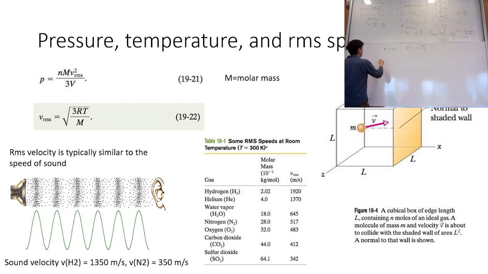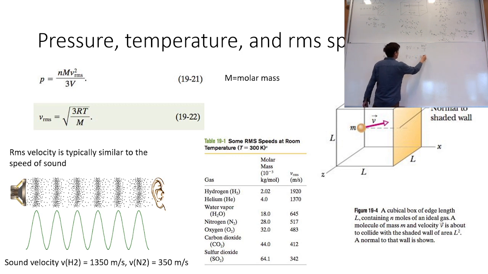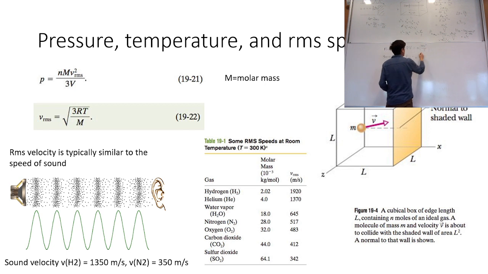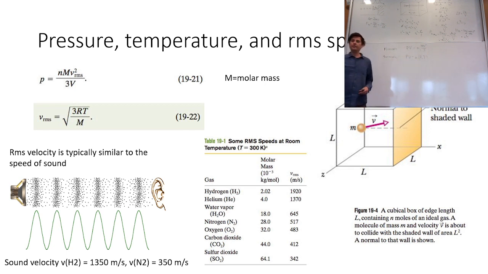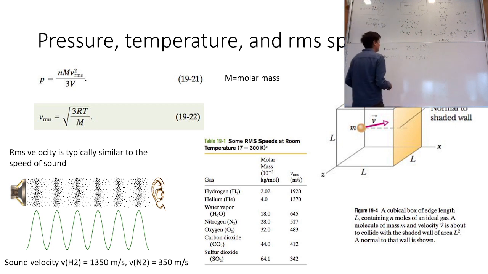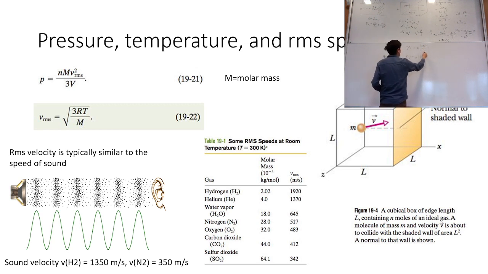And then the macroscopic theory is saying PV equals nRT. So this must mean that these are equal to each other, because we used two different techniques to get this. So let's see what that actually tells you. Well, if we equate these things to each other, then we will get v squared is equal to 3RT over m.